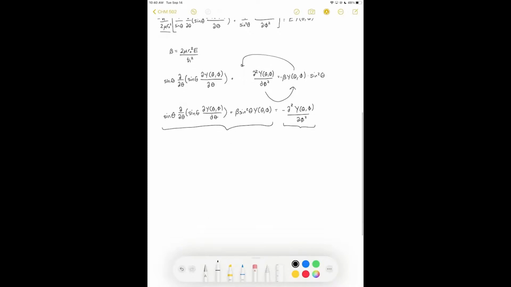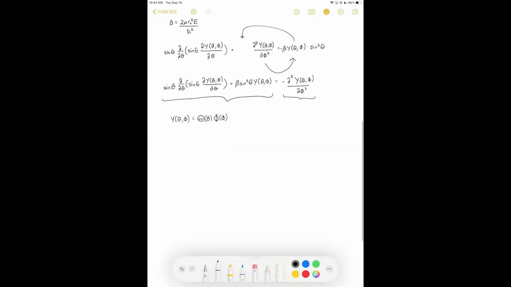So what that means is that our function Y of theta and phi, we have to be able to break that apart into a function that's only based on theta and a function that's only based on phi. And we can then rearrange and solve both of these equations separately. So when we do that, of course, on the theta side of the board, our phi functions are going to come out of the equation and they're not going to be involved in the derivative.